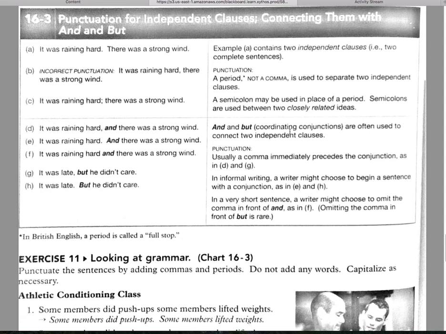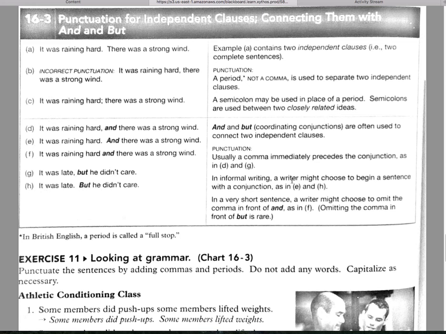And, but, coordinating conjunctions, are often used to connect two independent clauses, like in example D and example G. Usually a comma immediately precedes the conjunction, as in D and G. See here? Here's the comma that comes before and, and the comma before but.